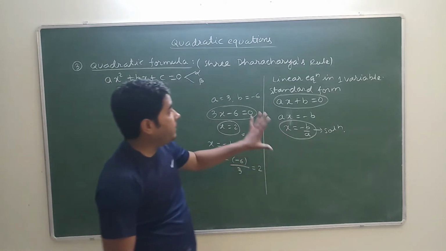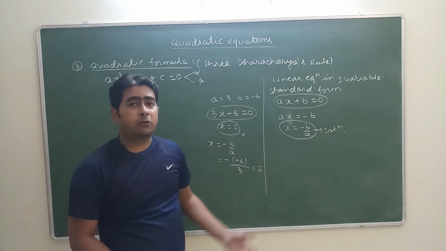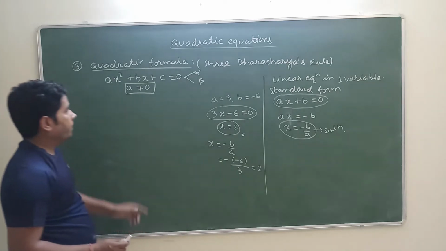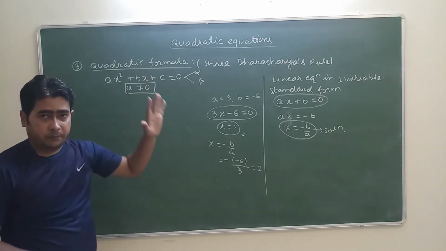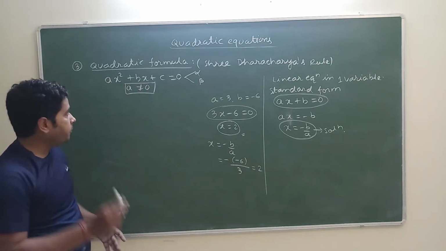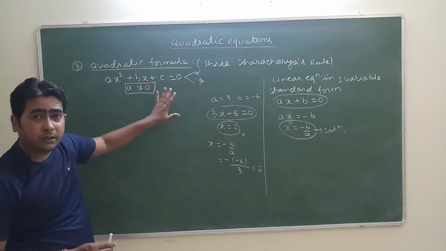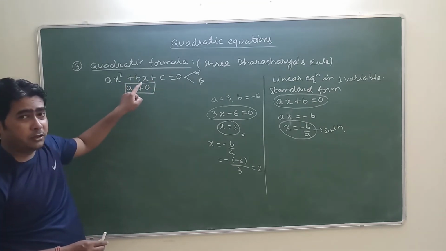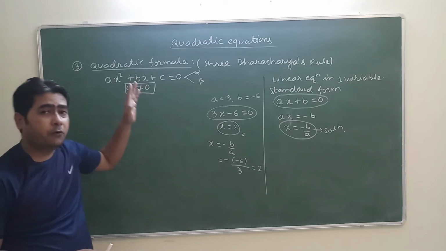So this is the basic idea of solving a quadratic equation and getting its value. What we are doing is taking this as a question. Suppose this is a question, it's not an equation, it's a question. And for this question, we have to find the value of x.